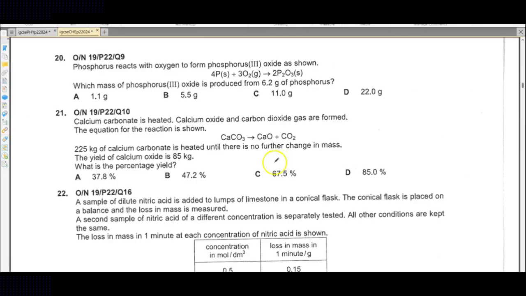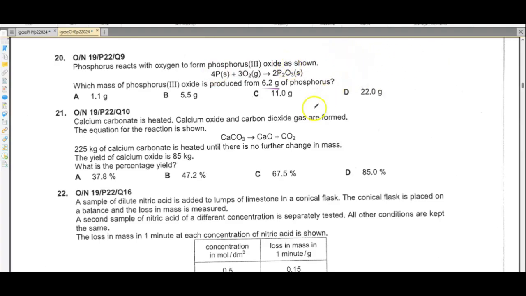Phosphorus reacts with oxygen to form phosphorus 3 oxide as shown. Which mass of phosphorus 3 oxide is produced from 6.2 grams of phosphorus? Okay, so we have the mass of phosphorus, and we need to find the moles of phosphorus from that, and then we are going to find the mass of phosphorus 3 oxide with that.